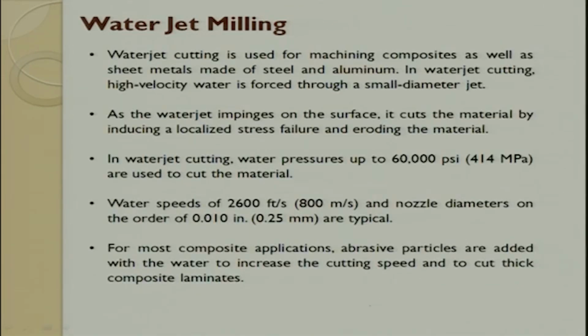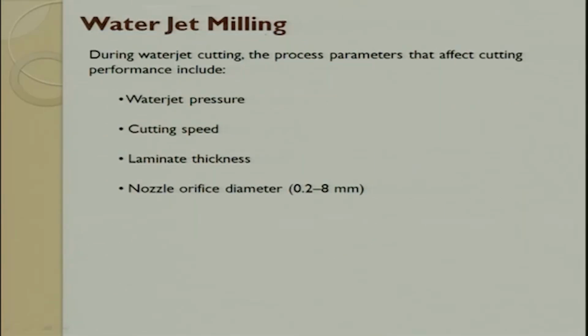So, water jet milling. Here the water jet cutting is used for machining of composite as well as sheet metals made out of steel and aluminum. The water jet cutting has a high velocity, water is forced through a small jet. If you try to move the jet and make sure that it does a through cut, then it is more or less called water jet cutting.